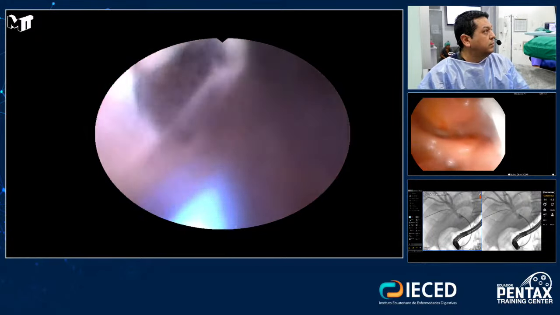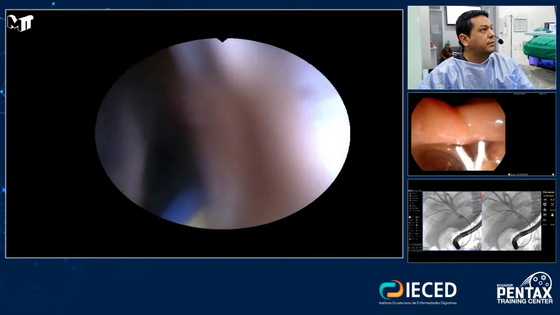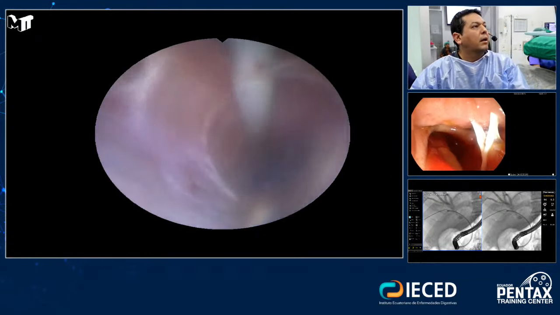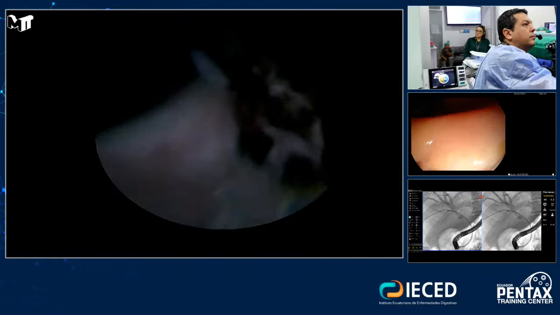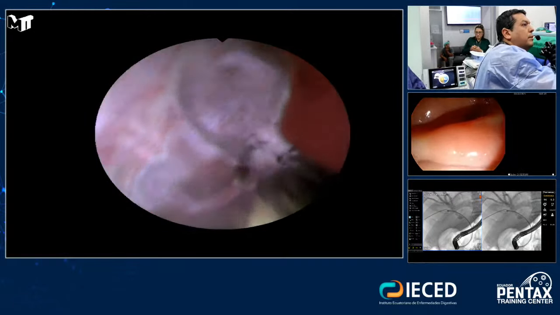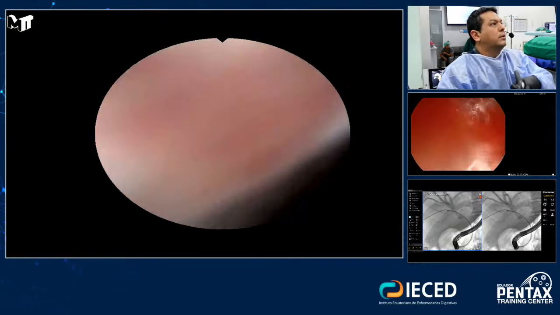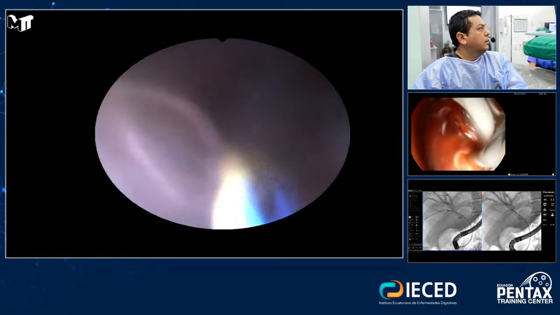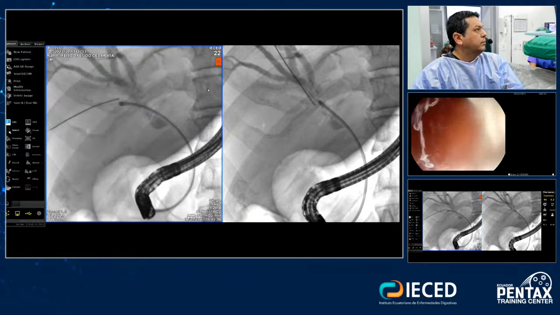Okay. So now let's see. This is the right branch. Okay. ¿Inyecta contraste? Sí, obvio.